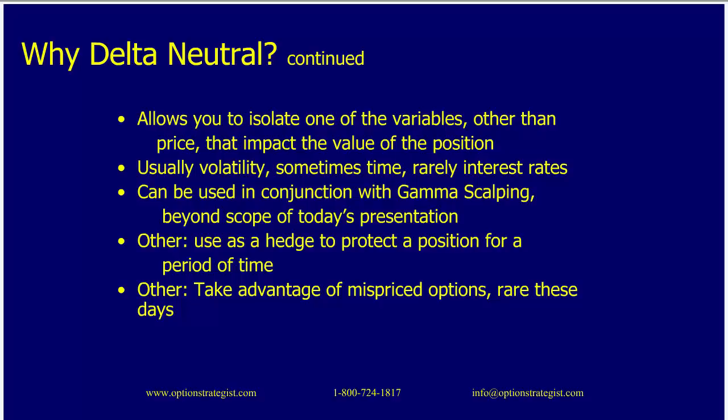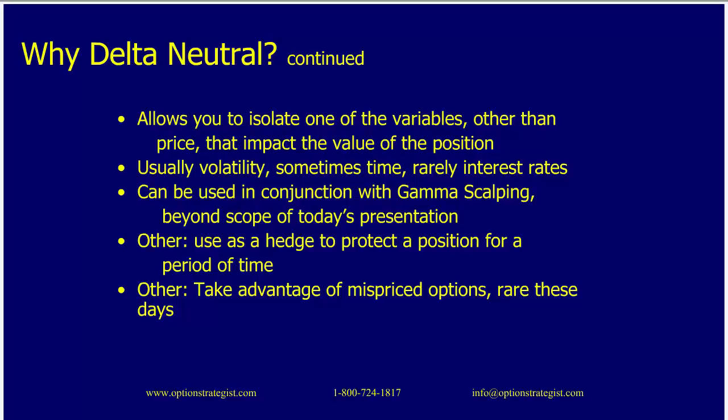When I was trading, interest rates were much higher, and they were changing much quicker. So there was something to it, but not in today's environment. We could also use delta neutral in conjunction with gamma scalping. It's a strategy that I teach, but we're not going to talk about that today. We could have a whole webinar just on that.